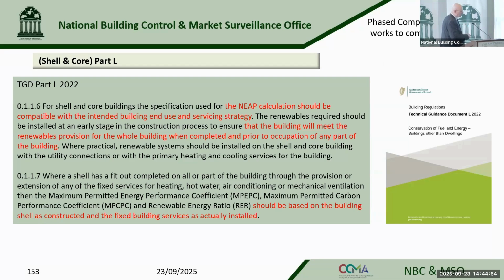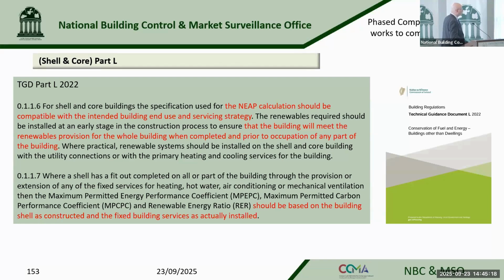So similarly to the office building earlier on, when you're looking at the size of those fire escapes, for instance, you base it on the fact that the building will be an office building and you will have a certain amount of occupation. Similarly, when you're sizing the power plant and the renewables for the building, you assume that it's going to be fully completed.